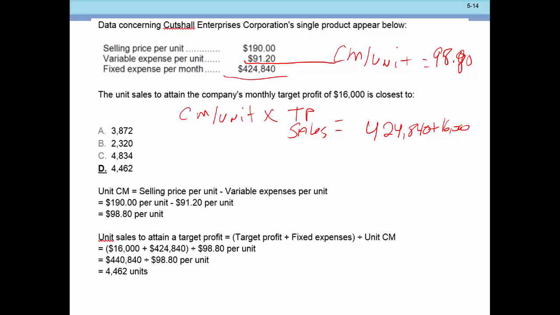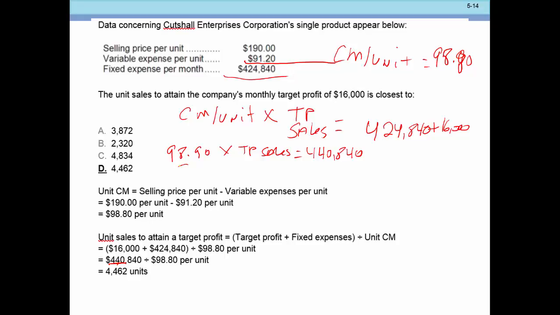So I go ahead and set that up as now 98.90 times my target profit sales. It's got to equal, what's the total of those two? 16,000 plus 424,840? 440,840? Good. That's my fixed cost plus my target profit, right there. Okay. And I do what?